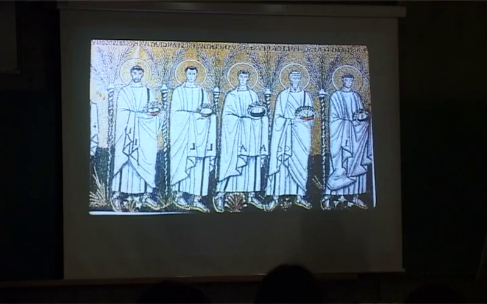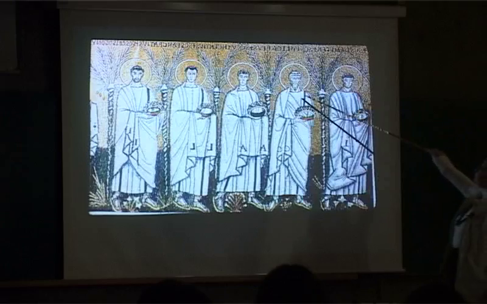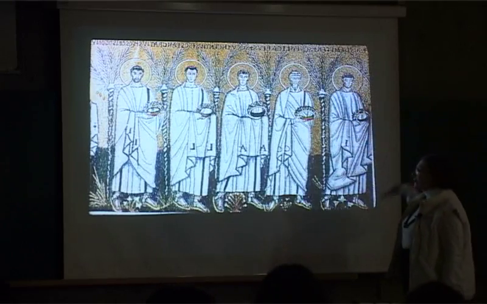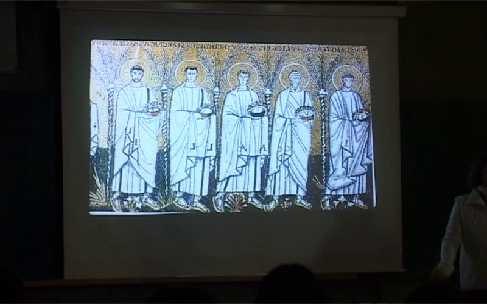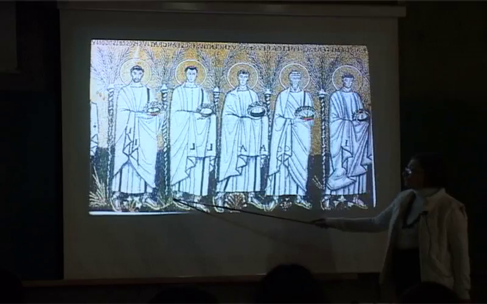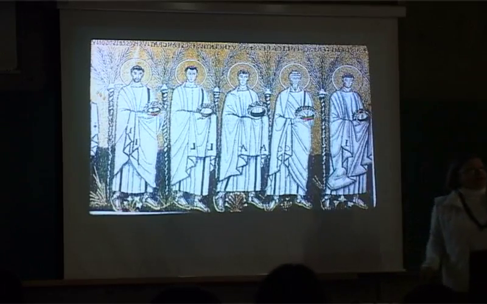But other than that, the depiction of the figures and then the plants, the palms in this case, are rather linear. There's nothing fleshy, there's no perspective here whatsoever. You have a rather confused idea of what is the foreground, what is the background.